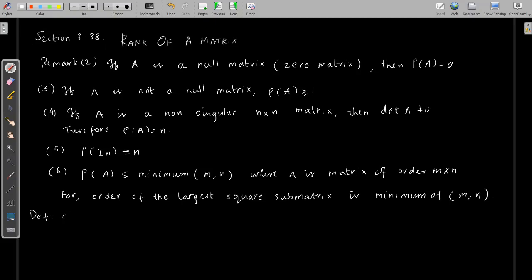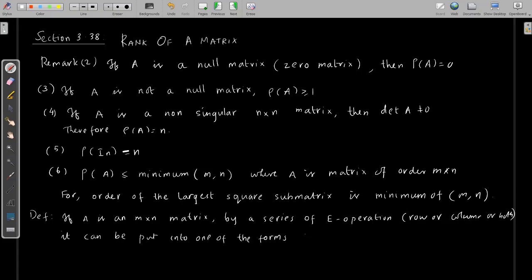If A is an m by n matrix, an arbitrary matrix, by a series of elementary operations, so row operations or column operations or both, it can be put into one of the following forms.